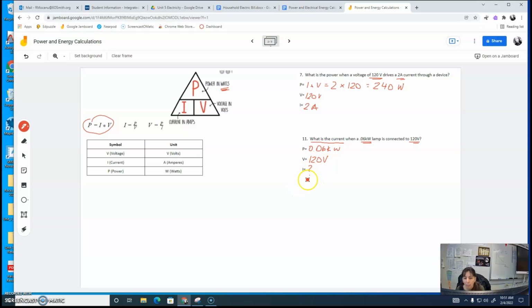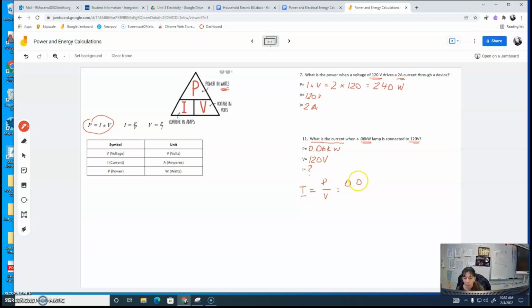All right, so how do I calculate that current? Well, I can go back to my trusty formulas over here, either my triangle or my formulas, and the formula for current is simply power over voltage. So can I go ahead and take this number and just plug it in for power and divide by voltage?